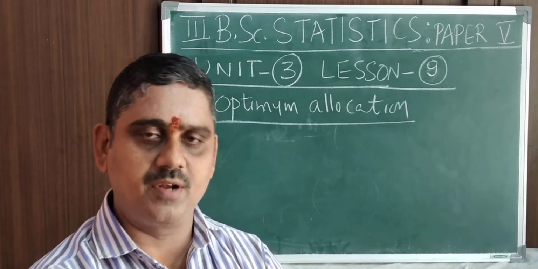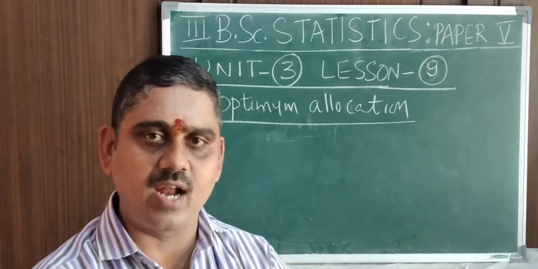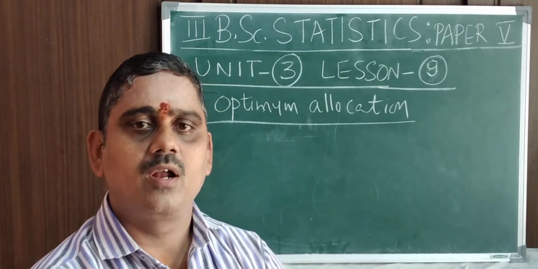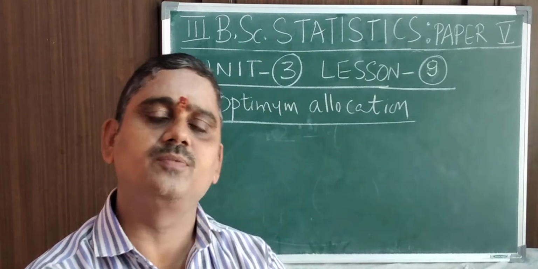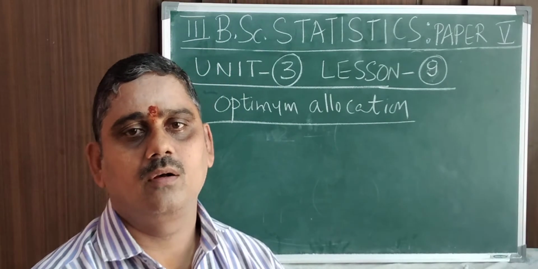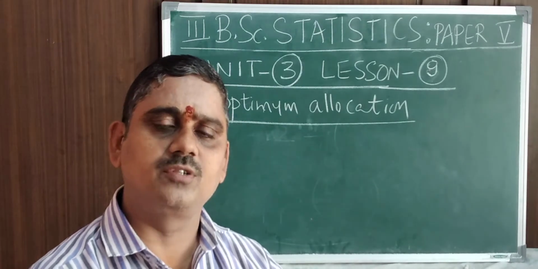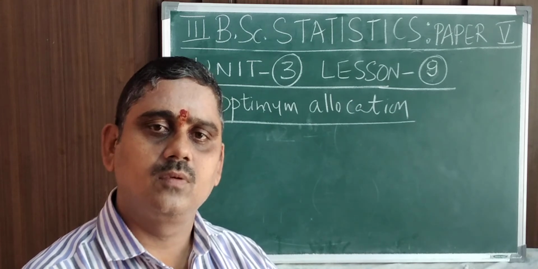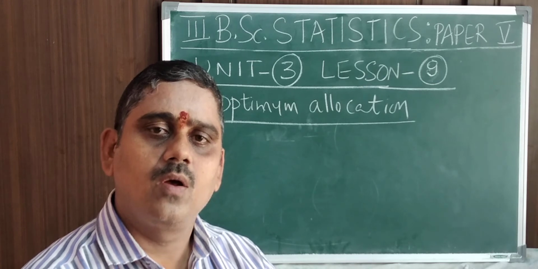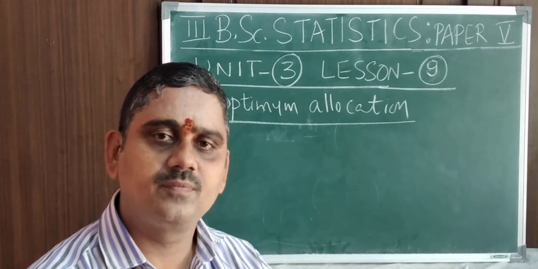In optimum allocation, the allocation of Ni's to various strata depends on some particular rules. We learn them one by one. Rule number 1: minimizing the variance of the sample mean.